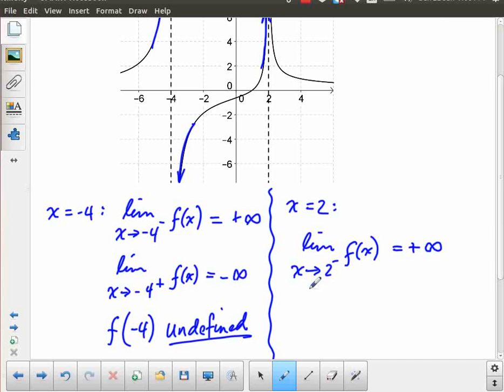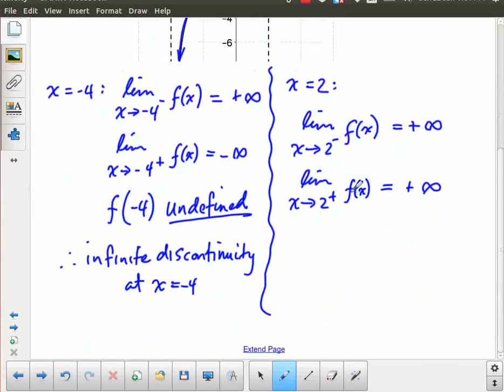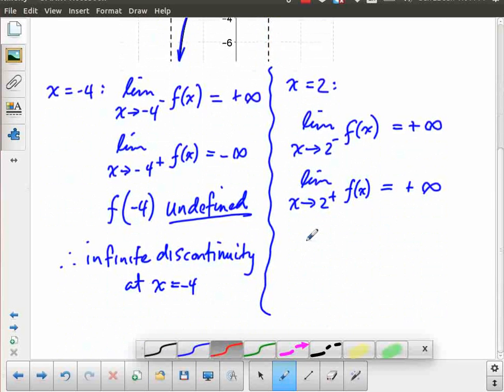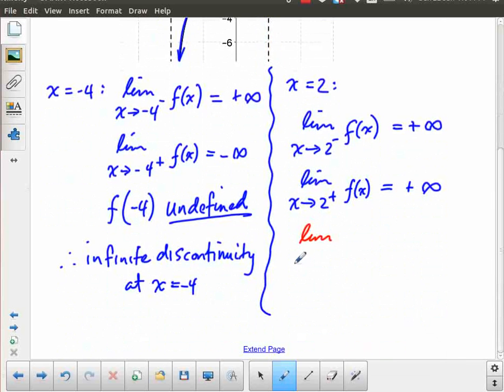I'm going to approach 2 from above of f of x, and that's also going up towards positive infinity. And so this ties into our previous lesson, which means this limit exists. The limit as x approaches 2 of f of x is equal to positive infinity.